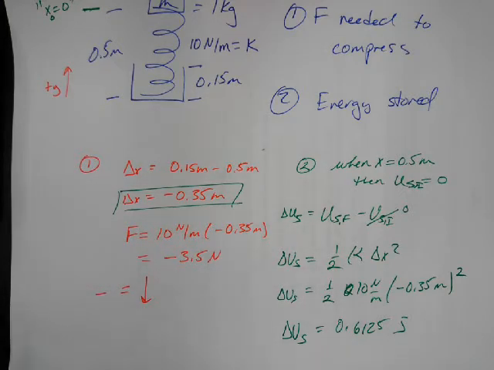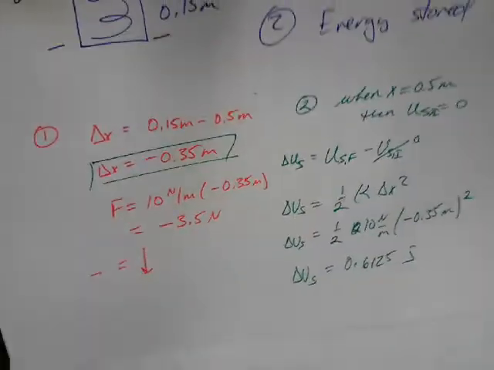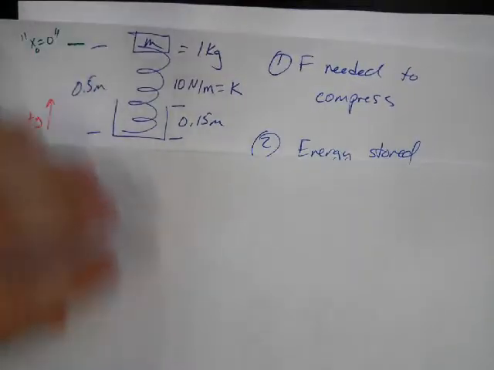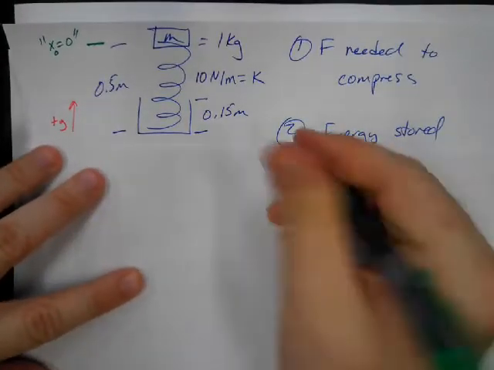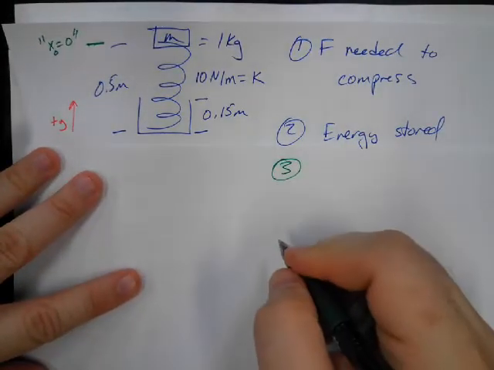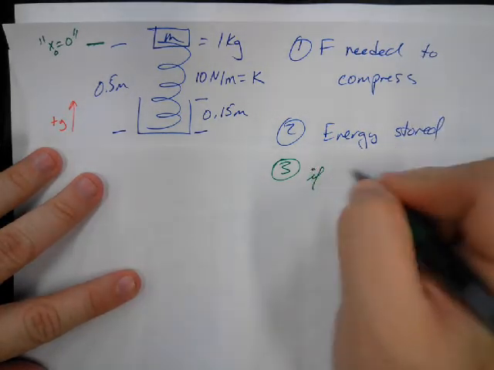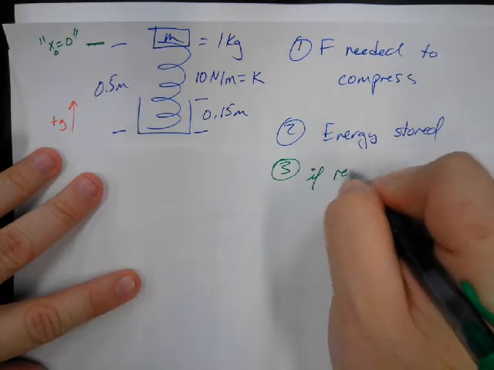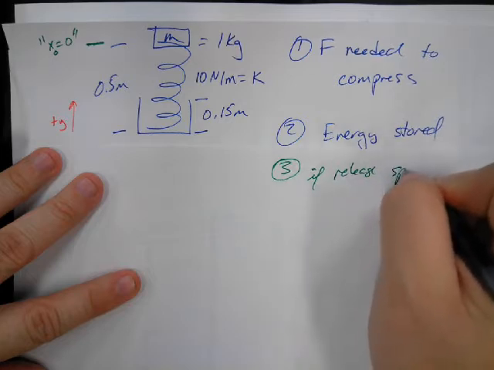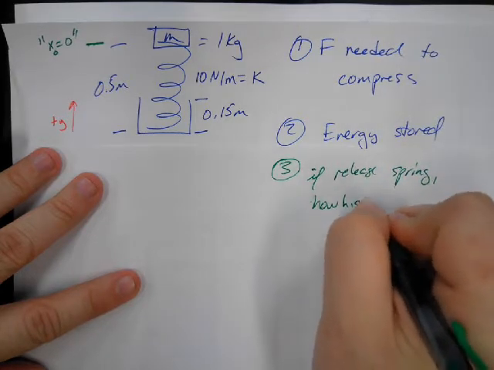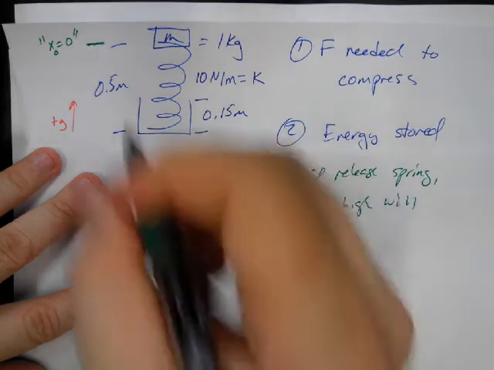And so it's the amount of work stored in the spring so you can do something useful. So we're going to take this setup and ask a third set of questions. I'm going to say 3. The third question we need is, if we release the spring, how high will the mass go?